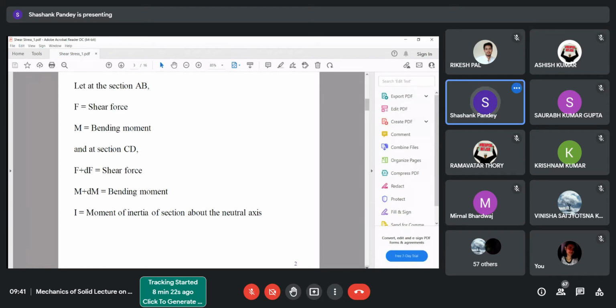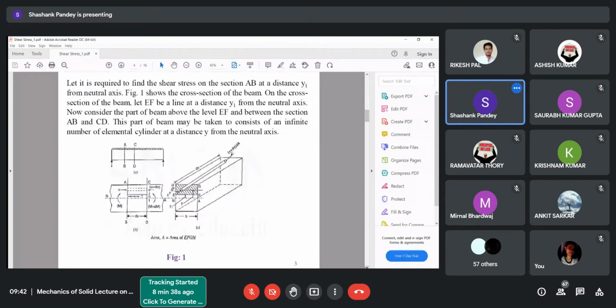M is the bending moment at section CD, and subsequently we have the force F plus dF and moment M plus dM, and I is the moment of inertia about the neutral axis. In the same figure, that is figure number 1, we have this showing here.